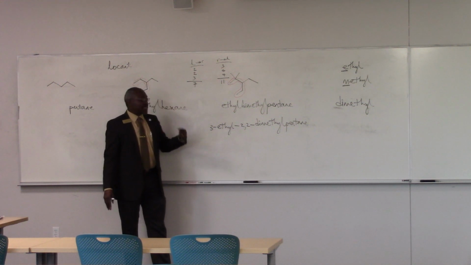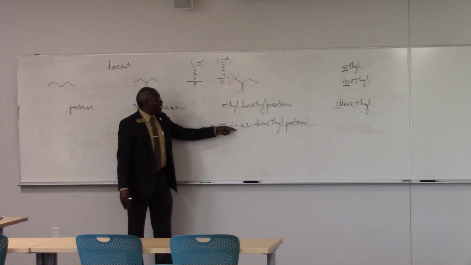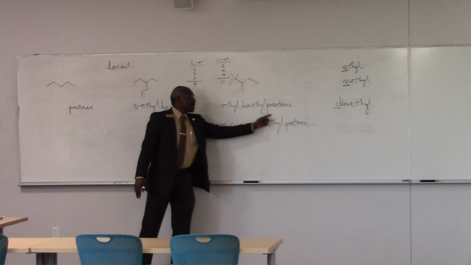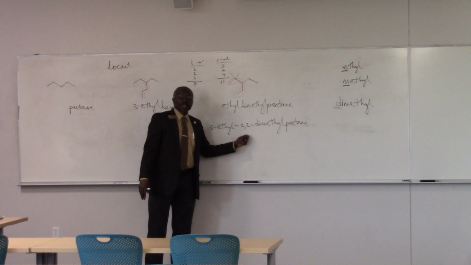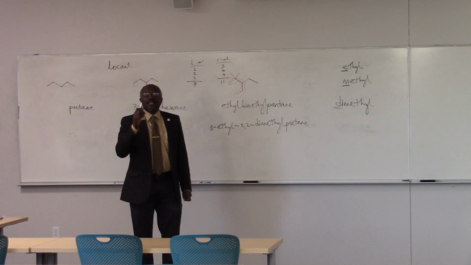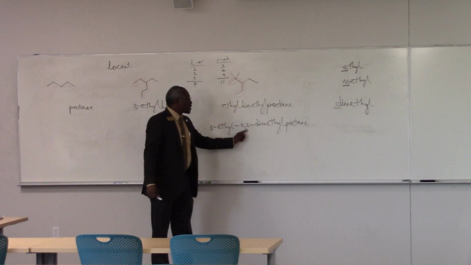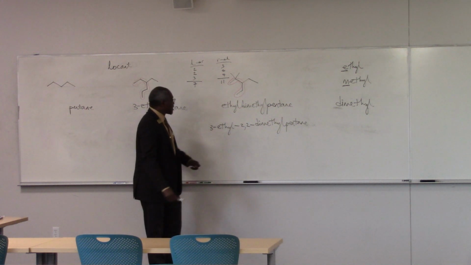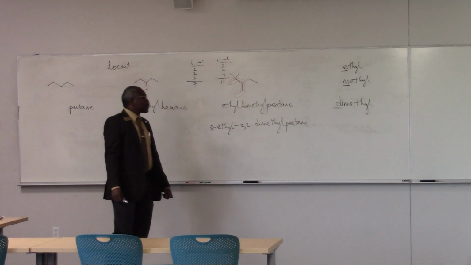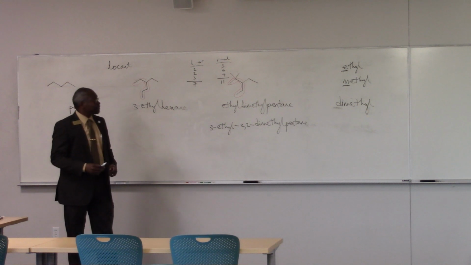So hyphens are used to separate locant from substituent, and information about a given substituent from information about another substituent. To separate locants referring to the same substituent, in other words, the 2 methyls, I'm going to use a comma. So this is 3 hyphen ethyl, hyphen 2, comma 2, hyphen dimethyl pentane.